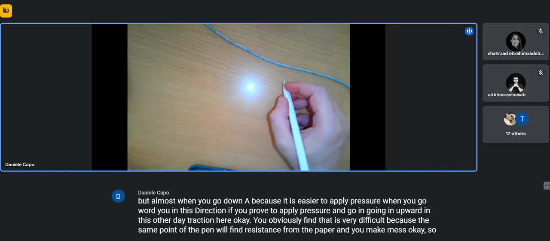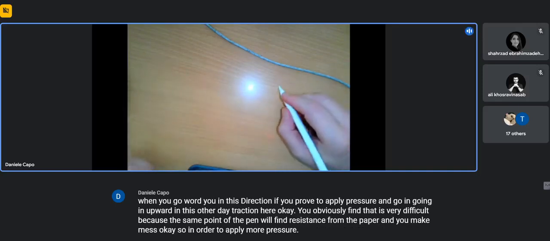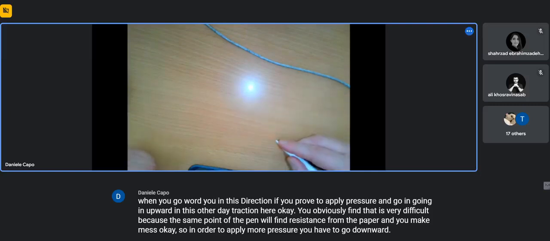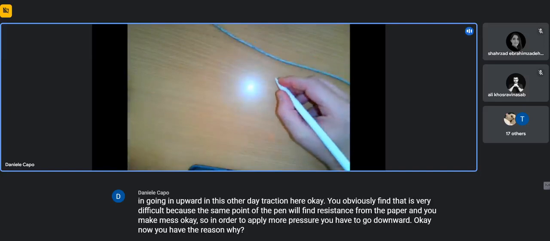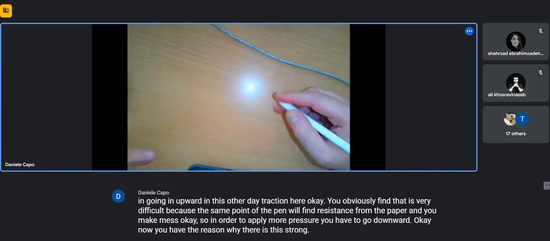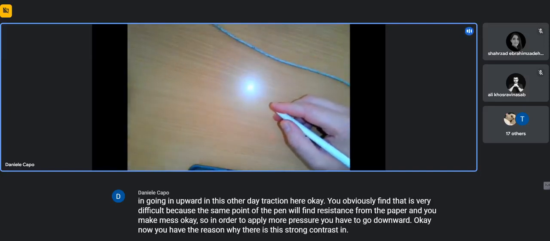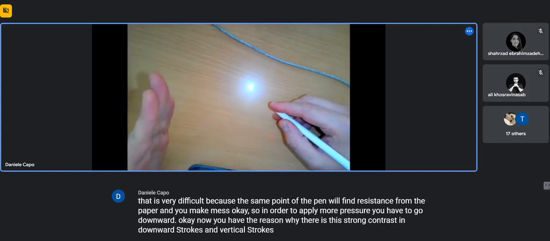So in order to apply more pressure, you have to go downward, okay? Now you have the reason why there is this strong contrast in downward strokes and vertical strokes.